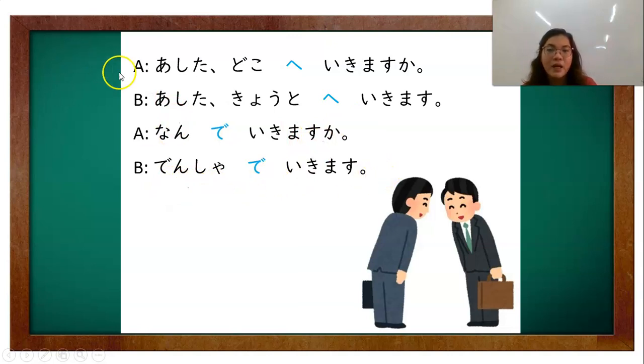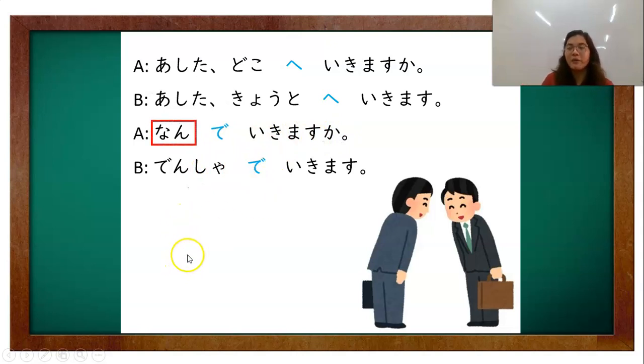Good job. Let's switch roles. Go. Ashita, Kyoto e ikimasu. Densha de ikimasu. Is it clear now?